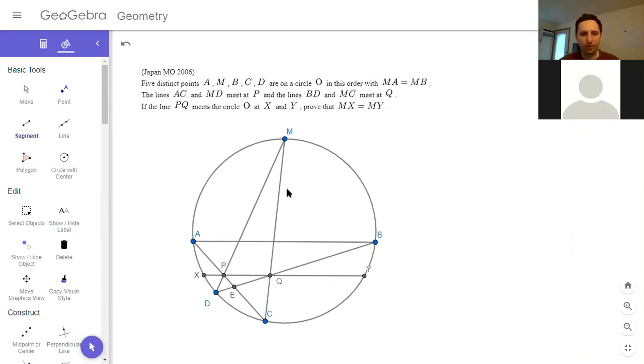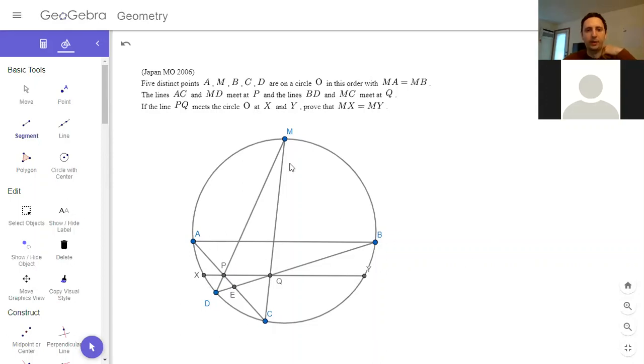So you have MD and AC, MC and BD. Basically, we want to show those concur at the point at infinity.